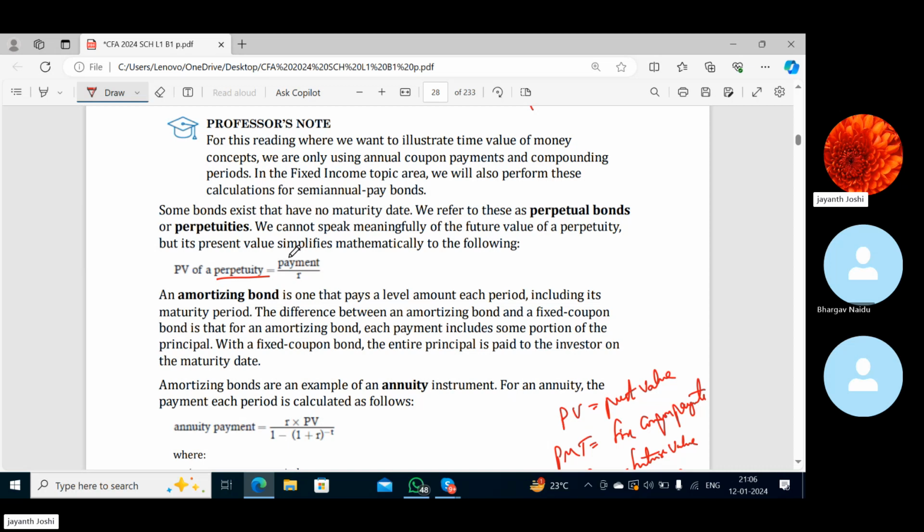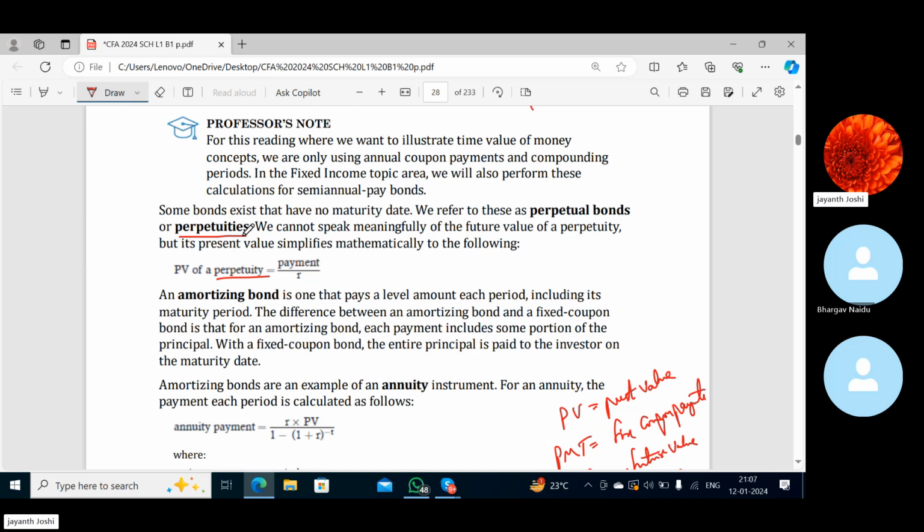They asked the investors to pay a sum of money, and for that they will pay a fixed amount for the entire lifetime, till the lenders are alive. That means for an infinite period of time they will pay a fixed amount.